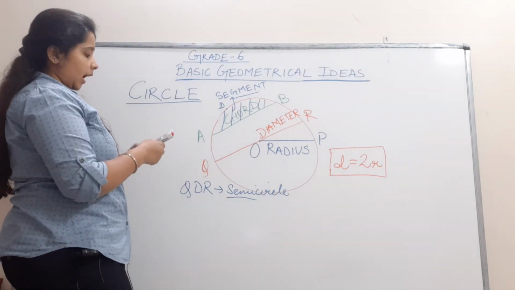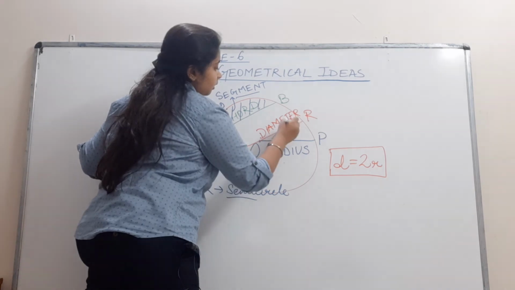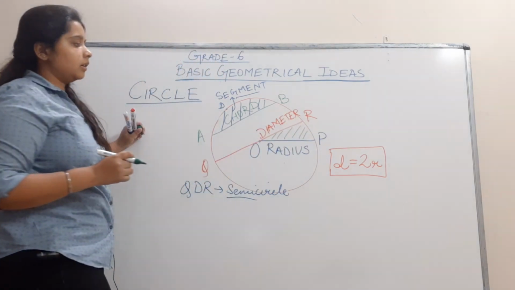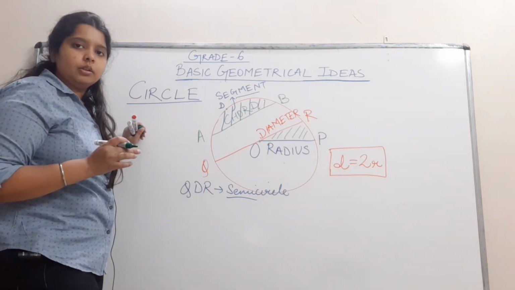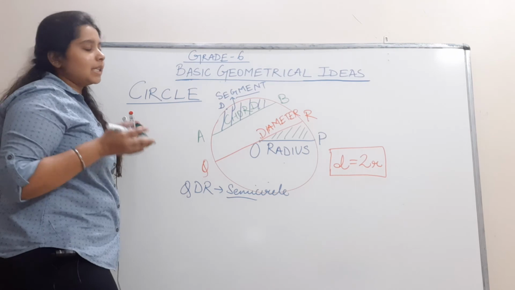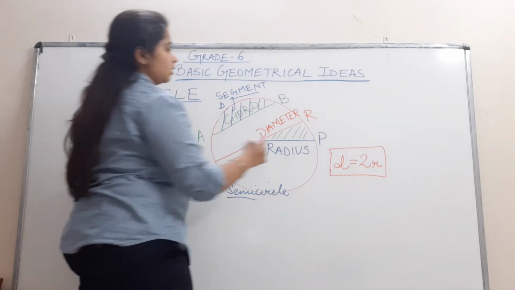And these two are also dividing the circle into a sector or a part of the circle. Like we cut the pizza, right? So each slice of the pizza is known as the sector of the circle.